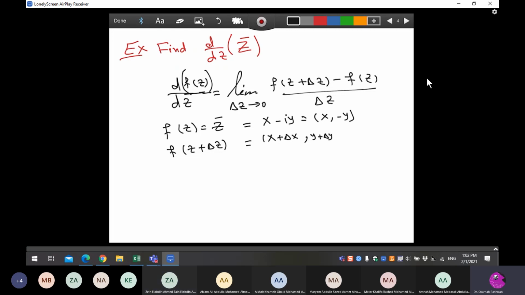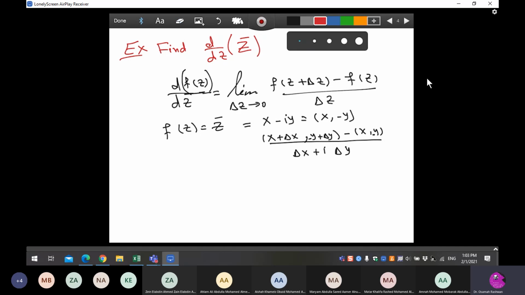So I will have minus here, minus the original one, over delta z, which is delta x plus i delta y, right? And I have to get the limit, when delta x tends to 0 and delta y tends to 0.